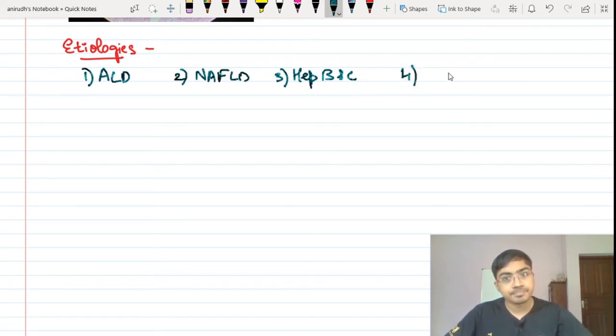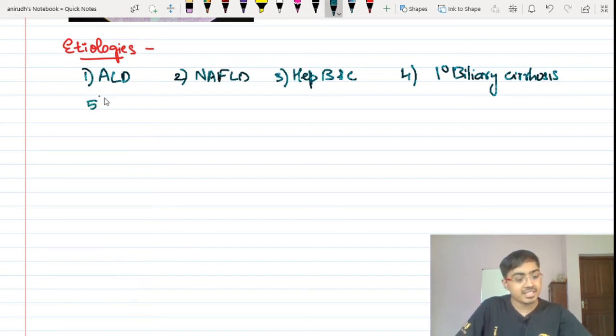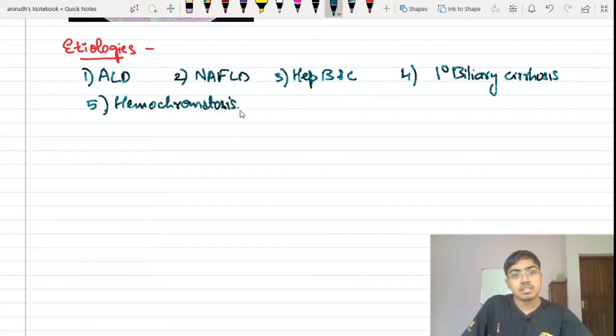Fourth one can be primary biliary cirrhosis, right? Fifth example can be metabolic hepatitis, like you can say hemochromatosis. Okay, alpha 1 antitrypsin deficiency.